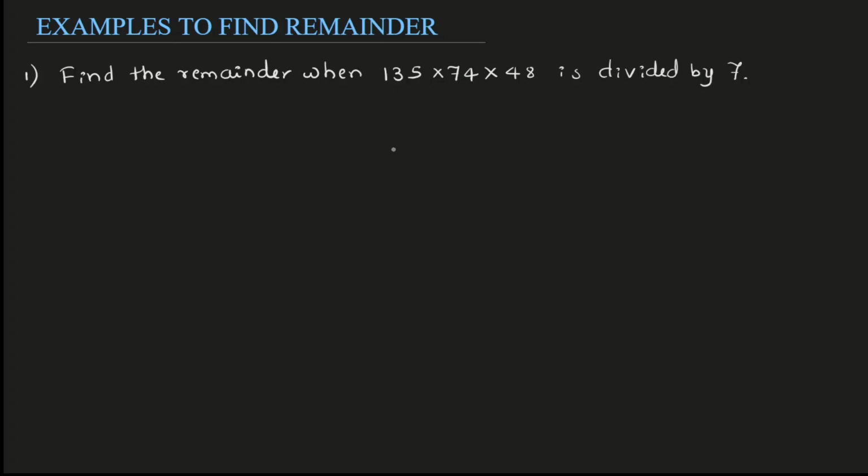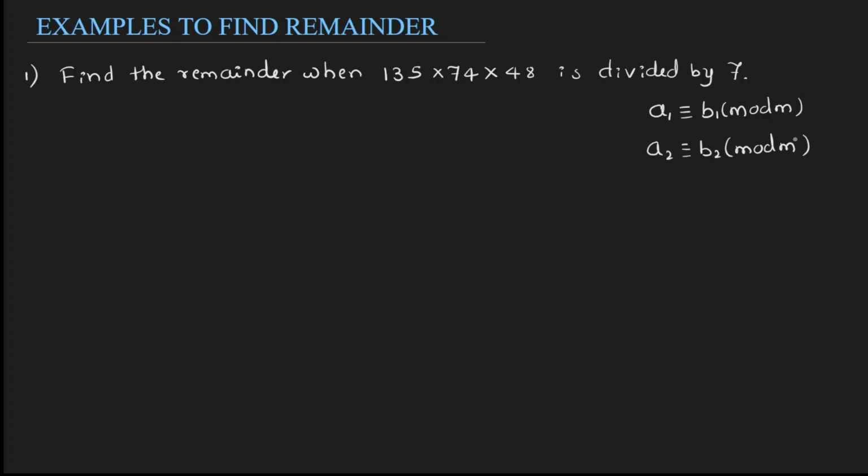So before solving, this is of the form: suppose A1 is congruent to B1 mod M. Means what? When A1 is divided by M, the remainder is B1. A2 is congruent to B2 mod M. Means what?